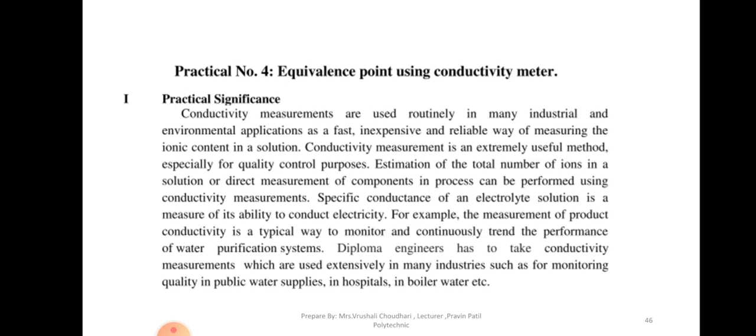Conductivity is a measurement used to determine how many ions are present in a given solution. It is an extremely useful method. It is based on the total number of ions in a solution, or the direct measurement of components in a process, and is performed by the conductivity meter.